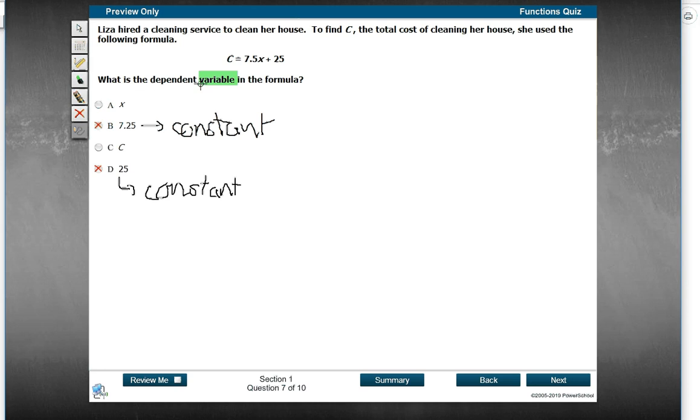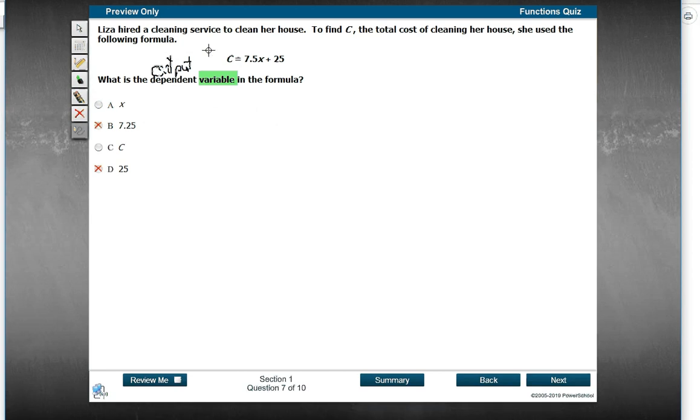But otherwise, it says, what is the dependent variable? Meaning it's going to be our output. What's coming out? It's the result. So right away those two are not answers.